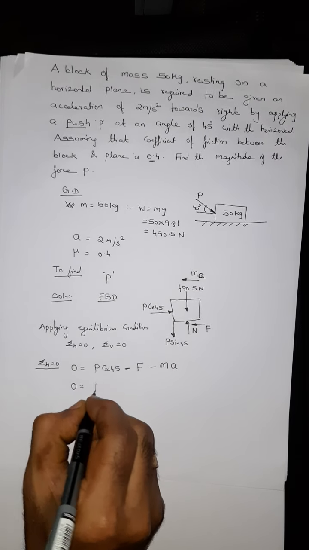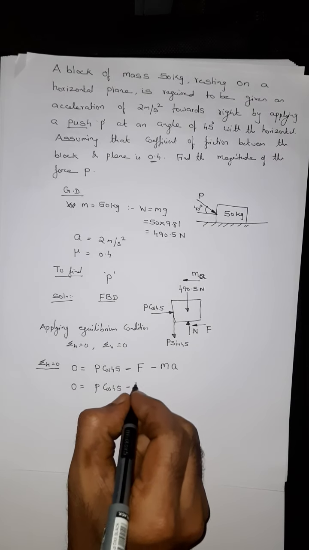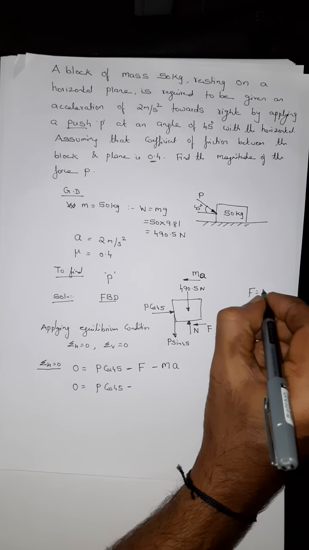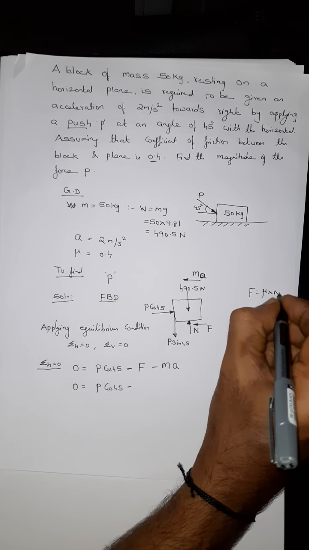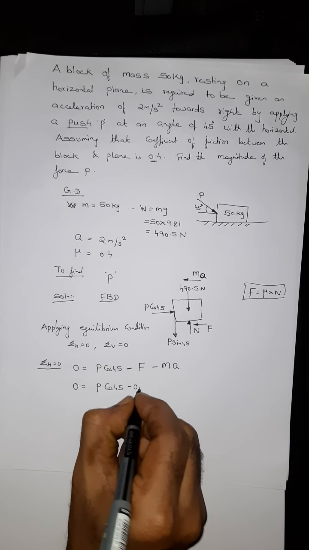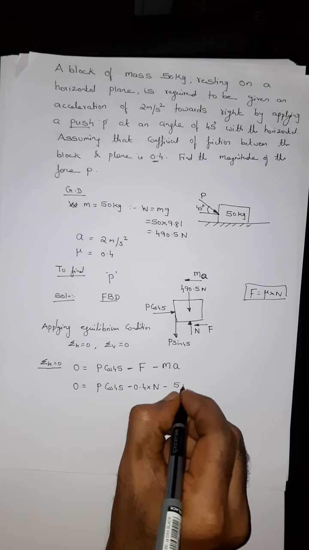0 is equal to P cos 45 minus F, which is nothing but mu into N, coefficient of friction into normal reaction. So mu is 0.4 into N minus M, 50 kg.